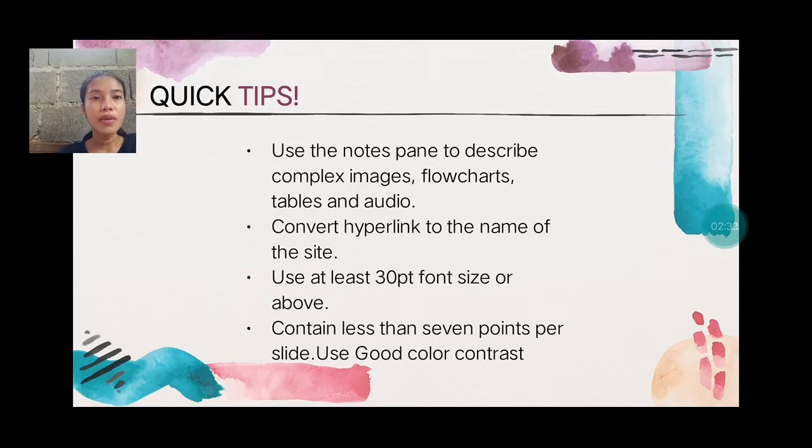Number three, use at least 30 points font size or above so that the text is readable, clean, and presentable. Number four, contain less than 7 points per slide. Use good color contrast so that your text is readable and understandable to the reader or the listener.